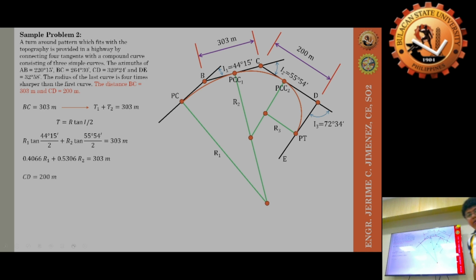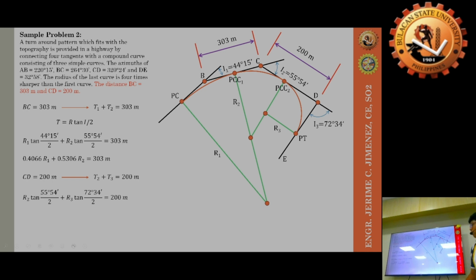Sabi, ang CD daw is also equal to 200 meters. Therefore, based on our plot, makikita natin na common tangent siya nung second compound curve, which is common tangent 2, T2 and T3. So therefore, CD is equal to T2 plus T3 is equal to 200 meters. Using the formula na nag-derive natin for the tangent distance, meron tayong equation na ganyan.